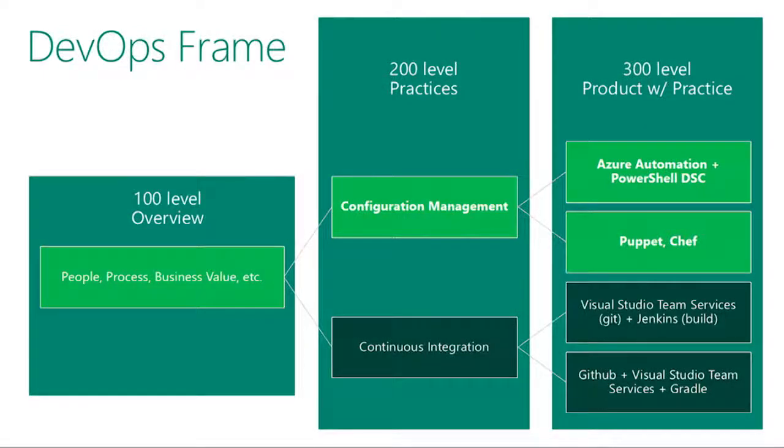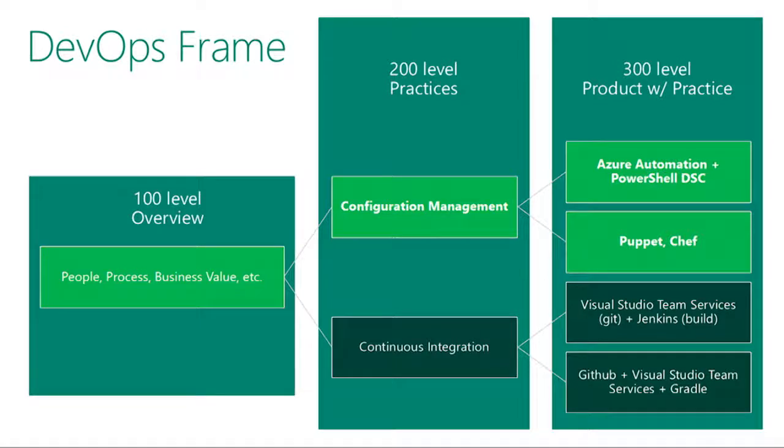And as usual, we have this mapping of a DevOps frame. With most of the DevOps practices that we talked about here, we have the 100 level, and in this case, it would be continuous delivery, ensuring that your environments can be reconfigured exactly how you want across multiple different environments, and to be able to deliver code that is good and tested to all of them at any time and multiple times per week.